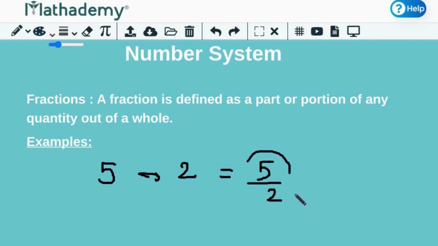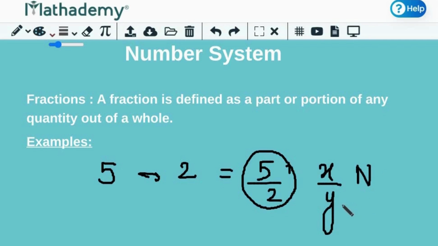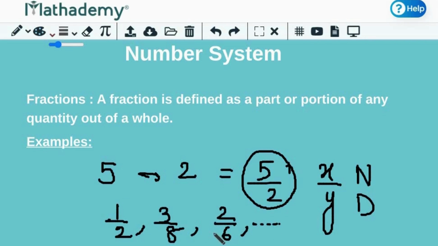The number 5 by 2 here is a fraction, which is of the form x divided by y, where x is the numerator and y is the denominator of the fraction. So, numbers like 1 by 2, 3 by 8, 2 divided by 6 are all examples of fractions.